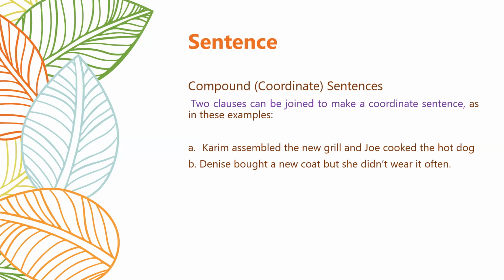Danish bought a new coat, but she didn't wear it often. So you can see two independent clauses. One is Danish bought a new coat. It can be used as a separate sentence. She didn't wear it often. You can also use it as a separate sentence, but they're connected with the use of 'but'. Okay, so the coordinating conjunction.